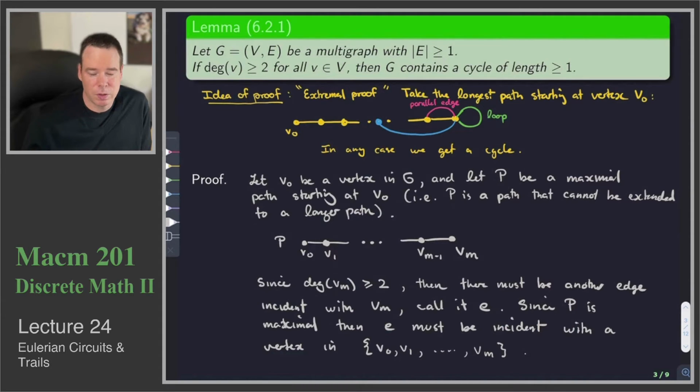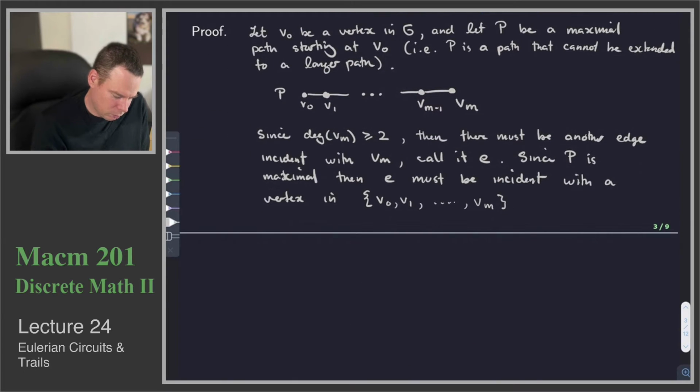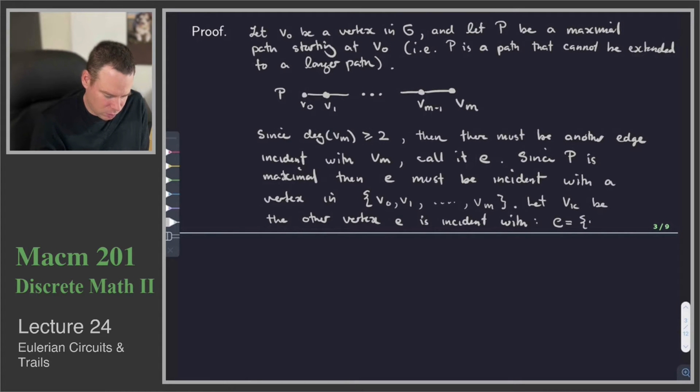So that's the other vertex it must be incident with. It starts at Vm and it's got to end at one of these vertices. So what we'll do is we'll let Vk be the other vertex E is incident with. So in other words, E is the edge Vm to Vk.